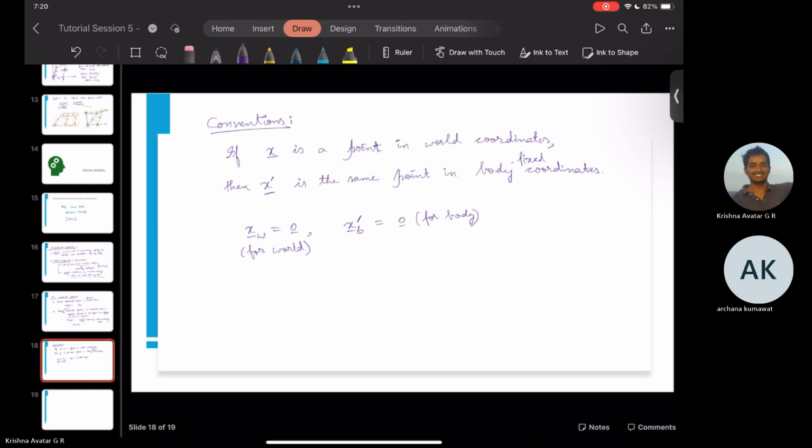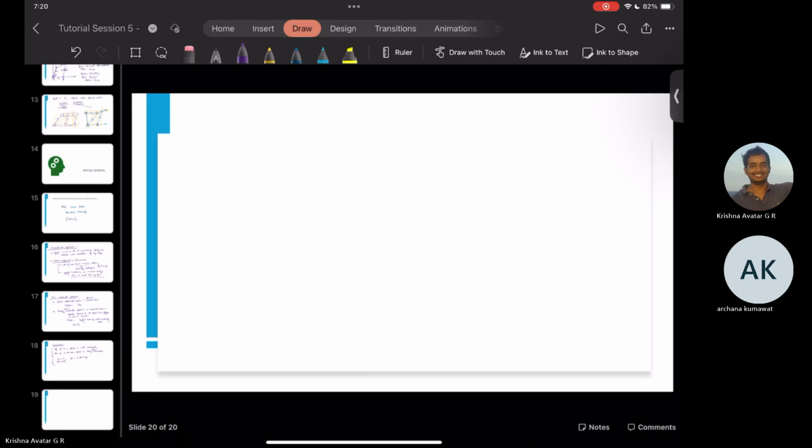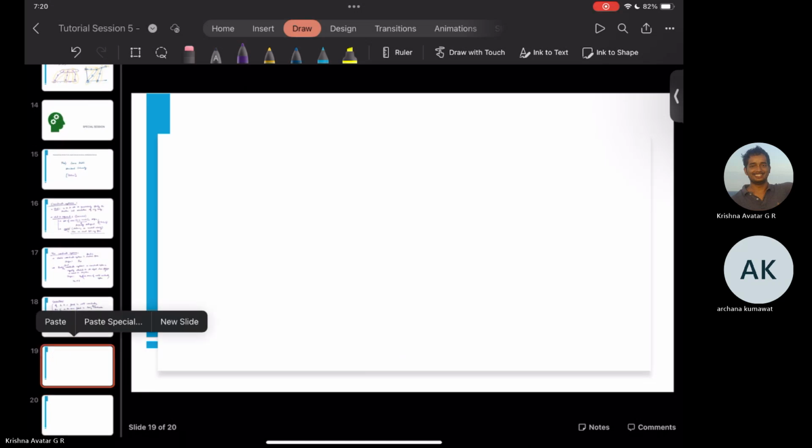So this is the convention we'll be using, or that has been used in this small monograph by Professor James here. Now let's talk about rotation matrix.